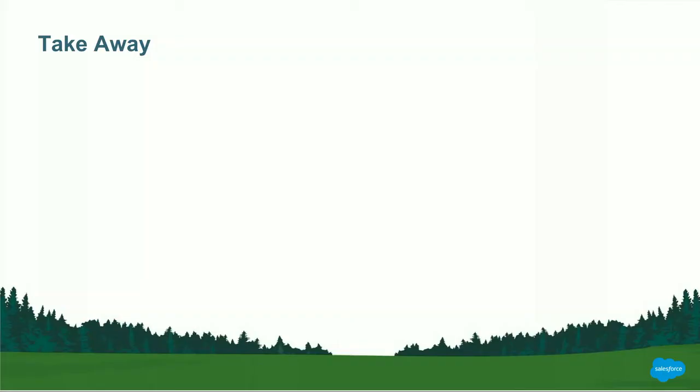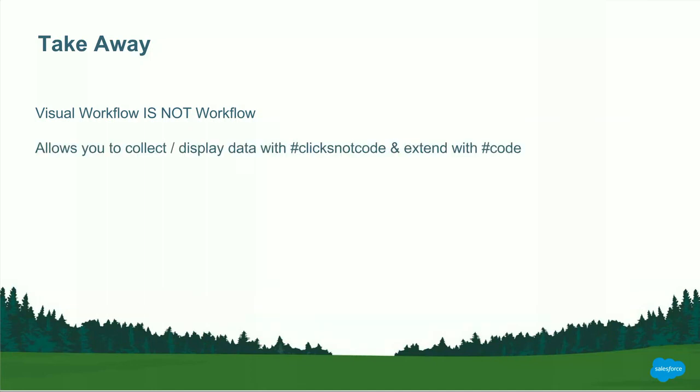So finally, some takeaways. Visual workflow has nothing to do with workflow. Simply, Salesforce is very bad at naming. Visual workflow will allow you to model processes and to collect data from the users with clicks, not code, but also you can extend those processes with Apex.